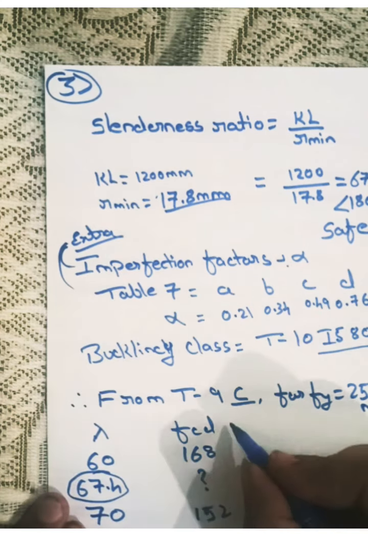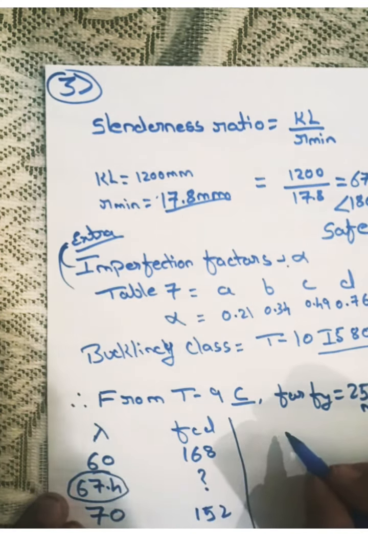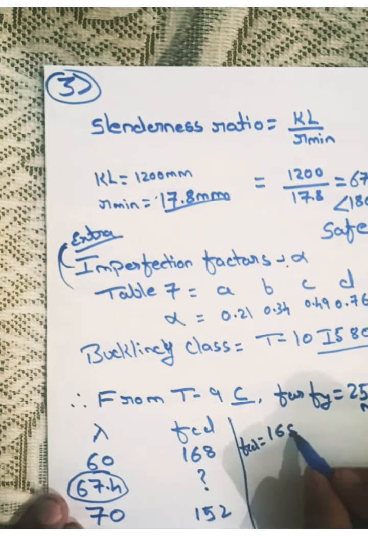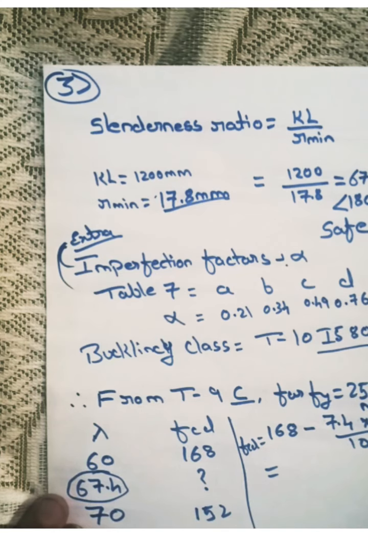I will do the interpolation here also. So FCD equals 168 minus 7.4 into 16 divided by 10, which comes around 156.13 Newton per mm square.